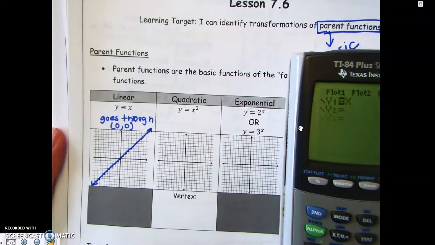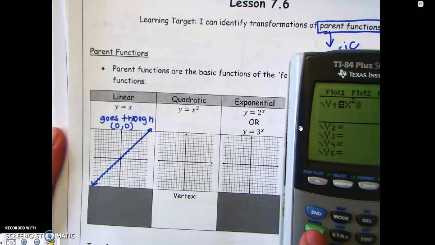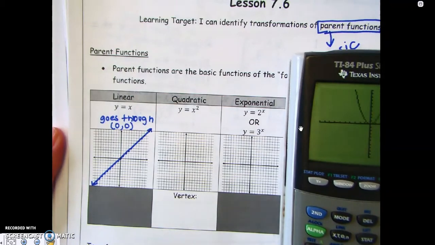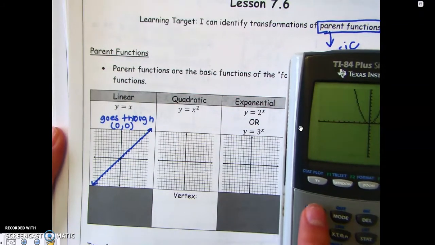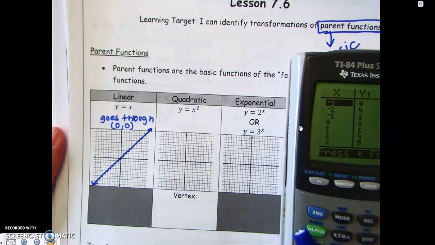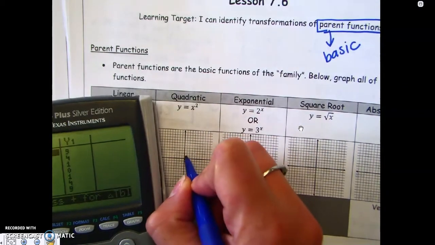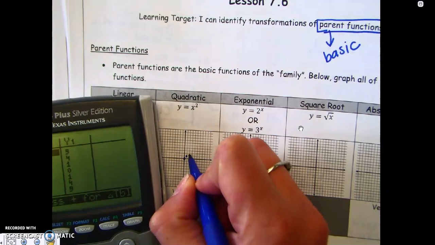So same thing with quadratic. So x squared will look like this. And it'll just be the basic parabola that goes through 0, 0. So when I go to graph it, you'll have 0, 0, 1, 1, 2, 4.